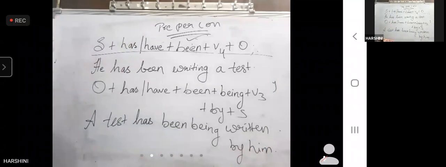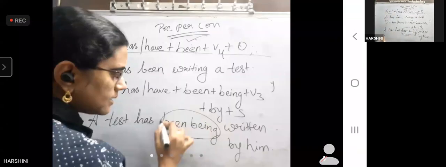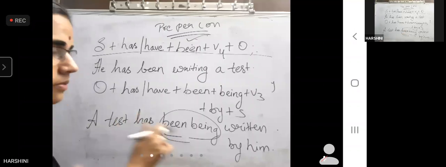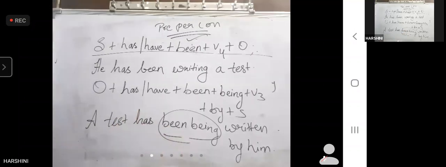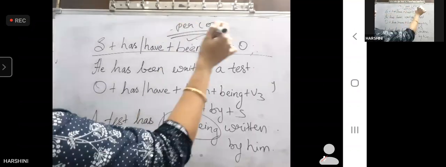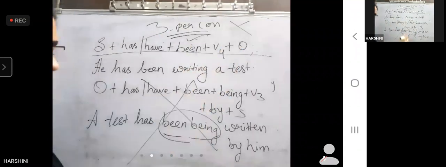What is this? Should I go forward or come backward? Being means... okay, so this doesn't happen in English. Two be forms at a time. One special be form and normal be form can happen at a time, but two special be forms cannot happen at a time. Therefore, all three perfect continuous tenses don't have passive voice.